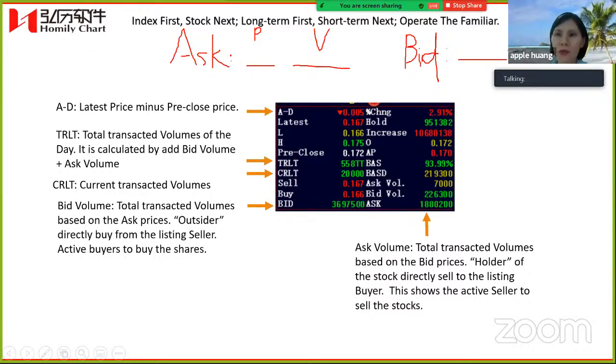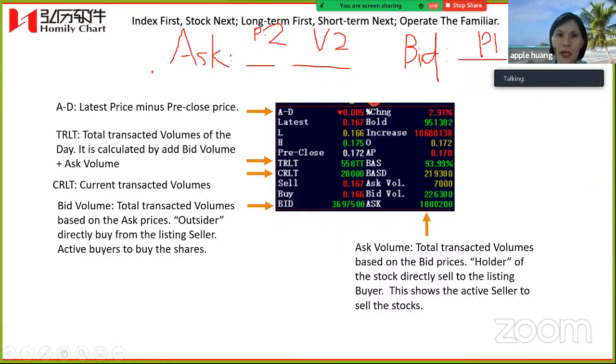Okay, I don't want to confuse you. Let me say price 1 and volume 1 for the bid, and ask is price 2 and volume 2.